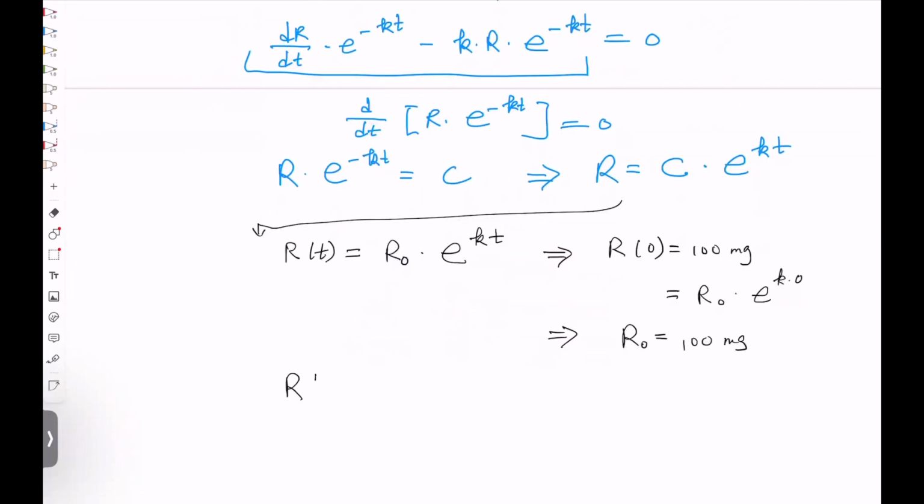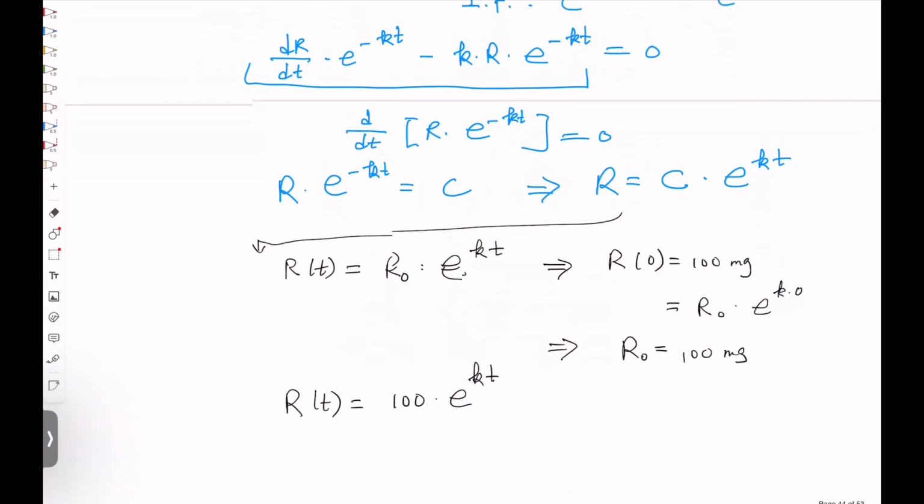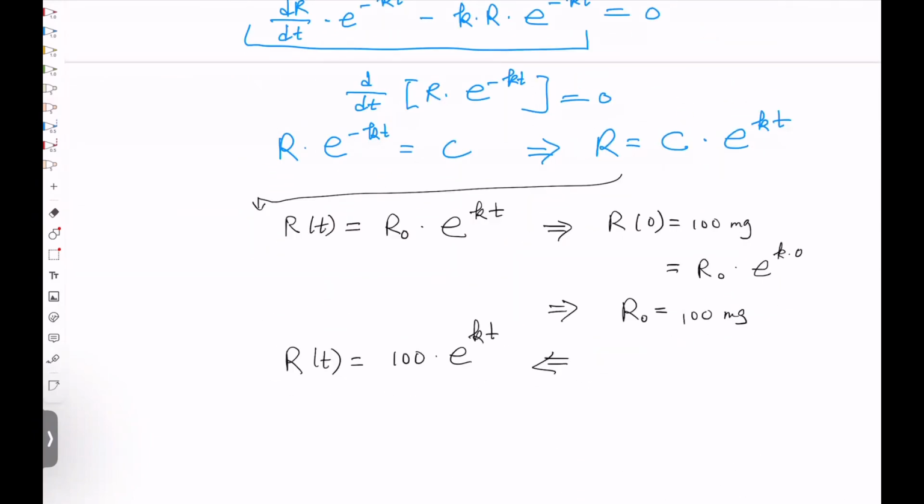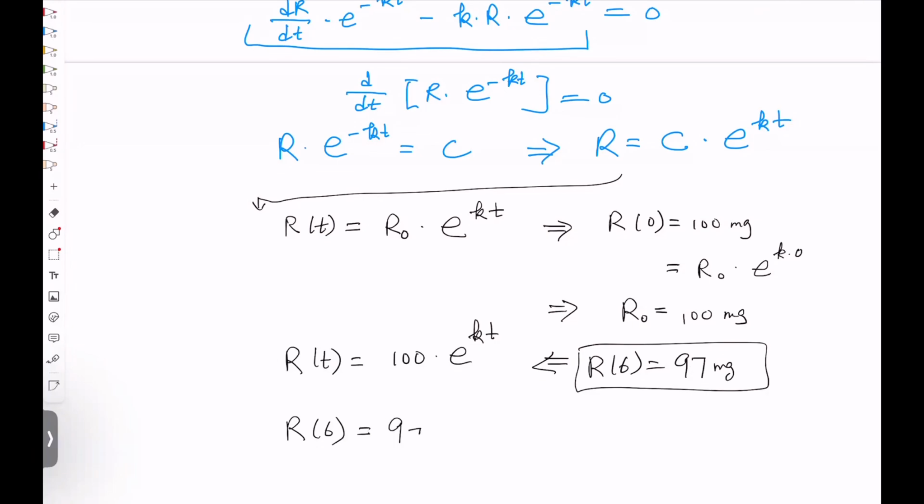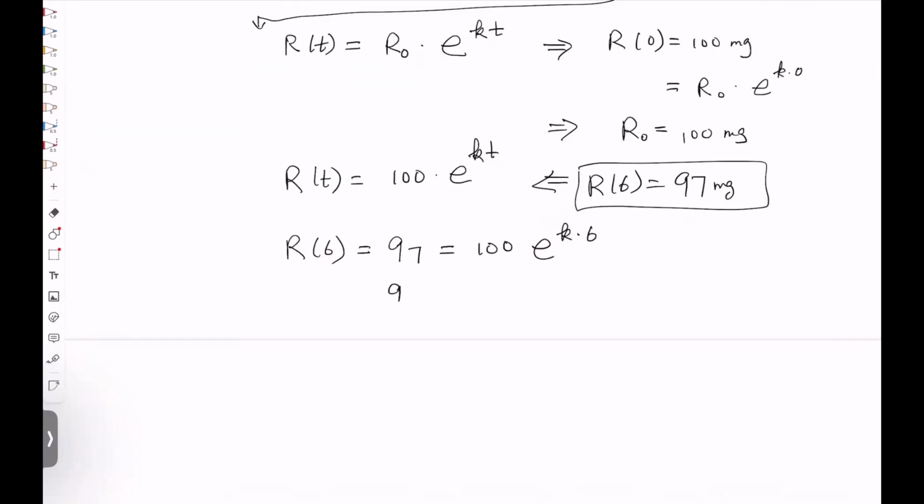Now we have R of t equals 100 times e to the kt. So now we need to find the value of k. How? We are going to use R of 6 equals 97. 97 equals 100 e to the k times 6. 97 over 100 equals e to the 6k.